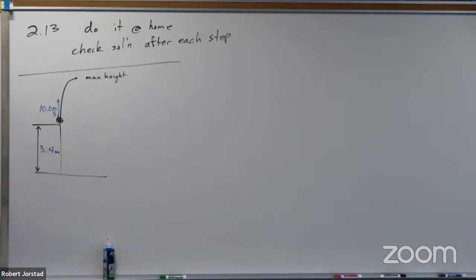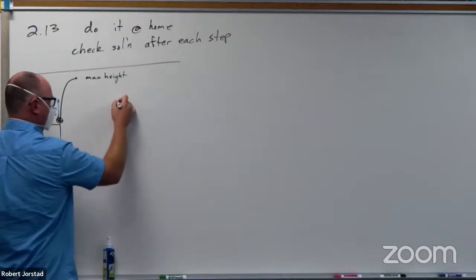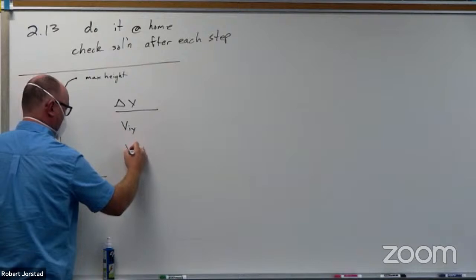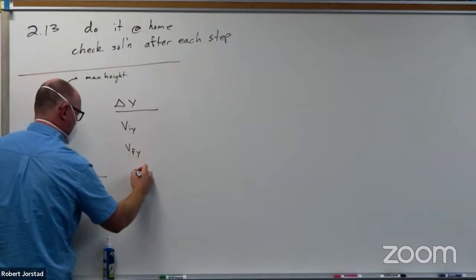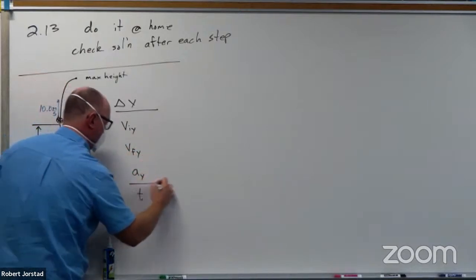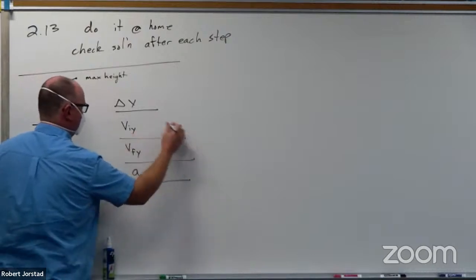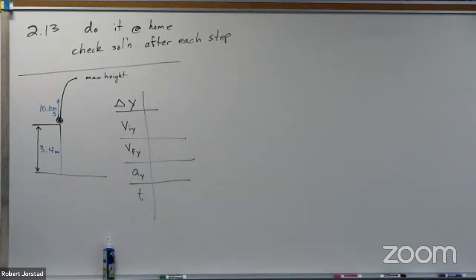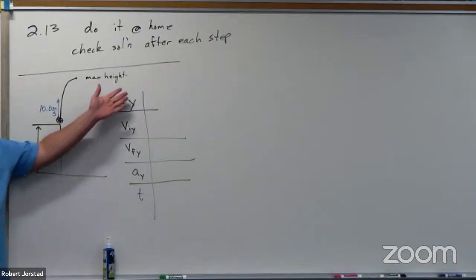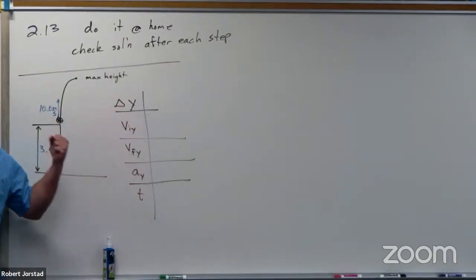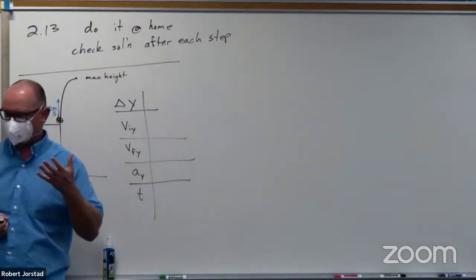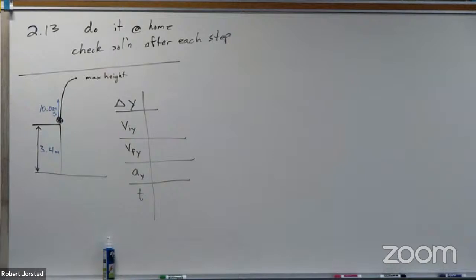Here's what I want to work on, just really quick: delta y, v initial y, v final y, a sub y, and t. We know from our last class period that if you get the list of knowns and unknowns correct, your odds of successfully completing the problem go way up.